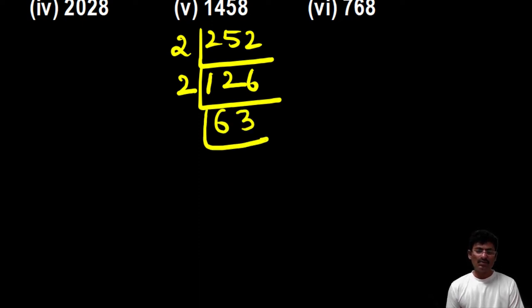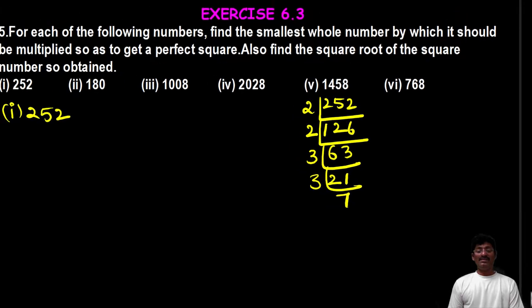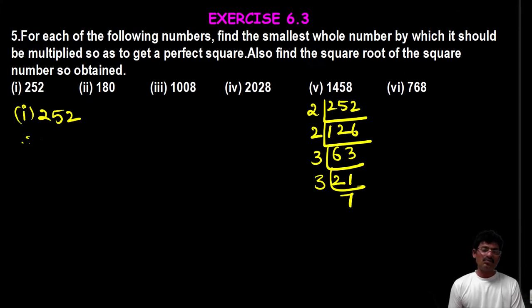Now try to divide 63 by 2. As the digit in the units place is 3, it is not divisible by 2. So take the next prime number, 3. 3 times 21 is 63, and 21 is 3 times 7. Therefore 252 can be written as 2 times 2 times 3 times 3 times 7.